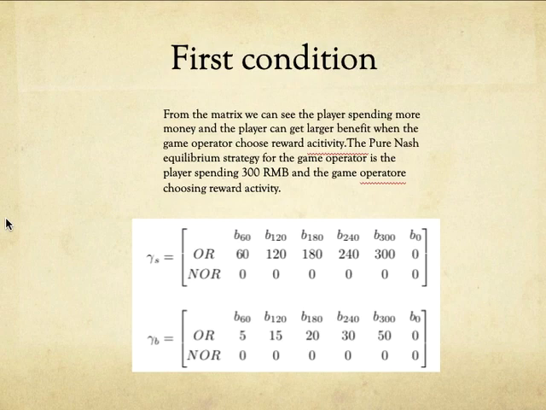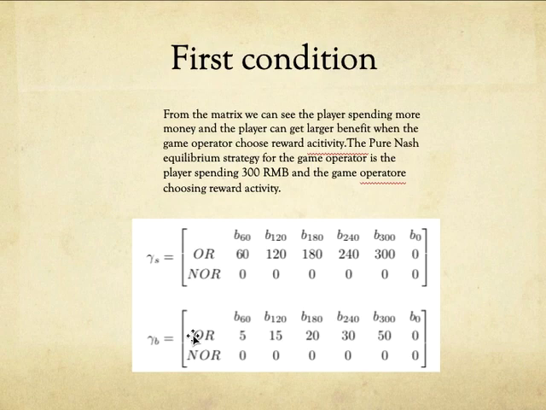For the game operator, GAMS, if he chooses to open, and the player spends 60, he gets 60 payoff, and if the player spends 120, he gets 120 payoff, and so on. And for the Gamma B, since he's spending money to buy the virtual goods, he gets 0 payoff.